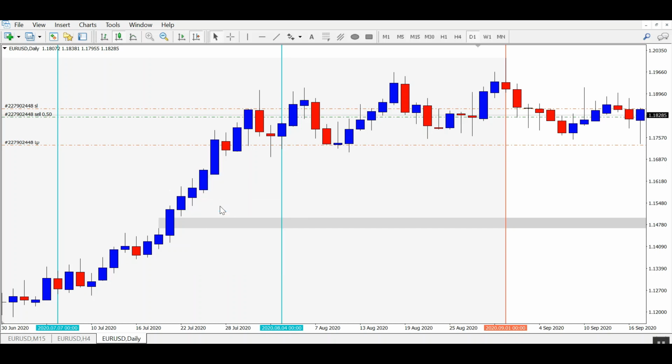Of course, fair value gaps found on higher time frames will take longer to be filled, while fair value gaps on lower time frames are actually not that important. If you see a fair value gap on a lower time frame, the amount of time needed for that to be filled is going to be a lot smaller compared to higher time frame fair value gaps.